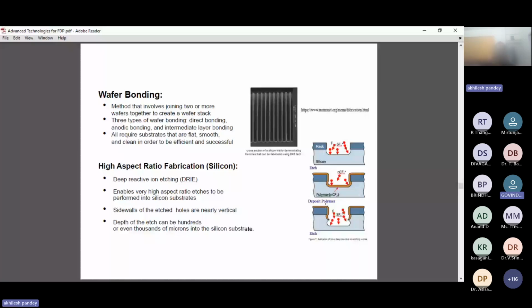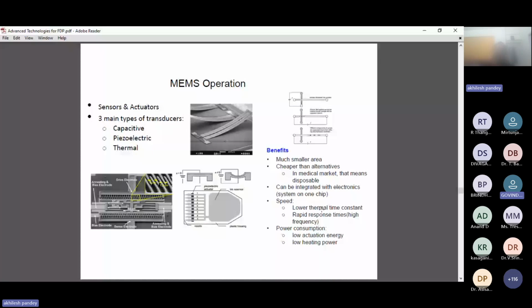Now this is the MEMS operation, basically sensors and actuators. Three types of transducers are there: capacitive, piezoelectric, or thermal. In the capacitive type, the capacitance is varied in the MEMS operation.